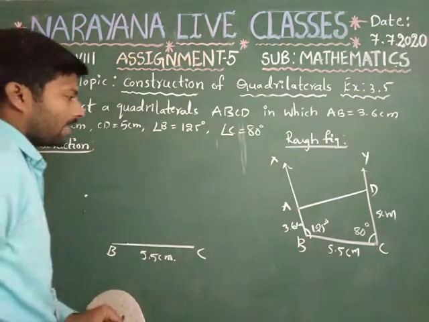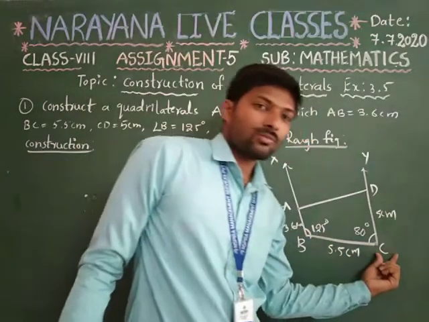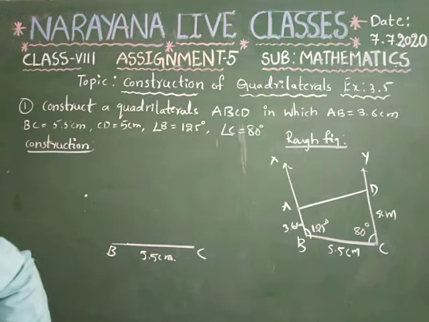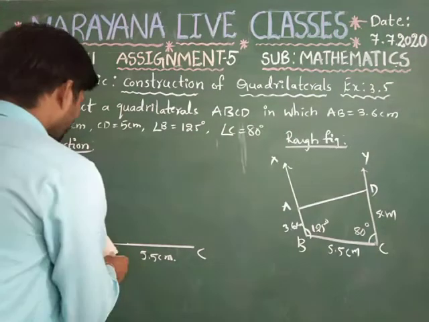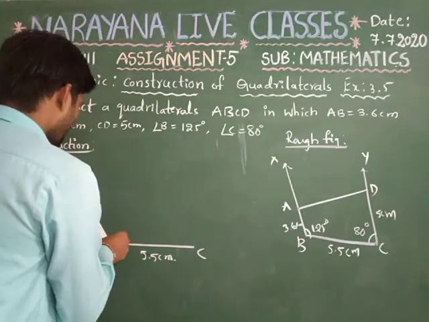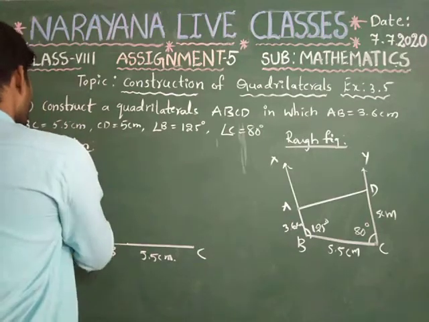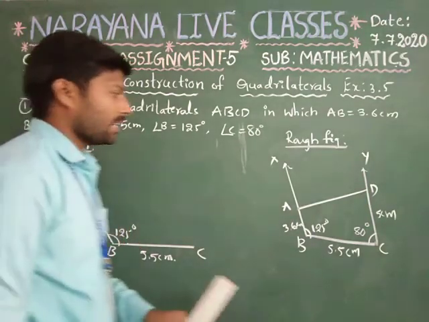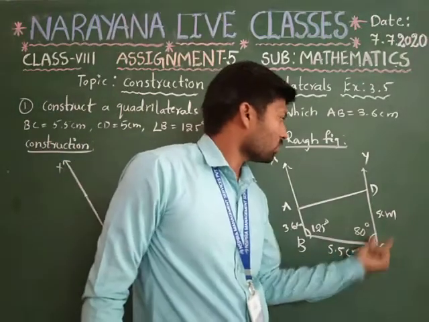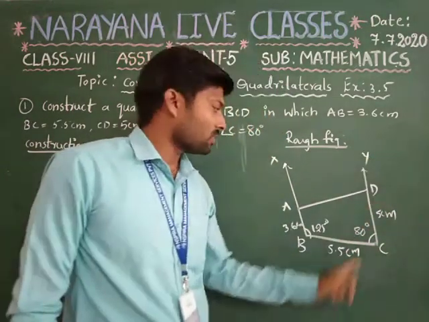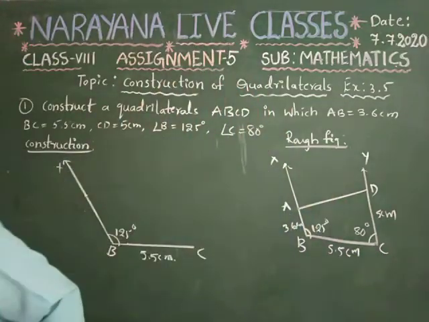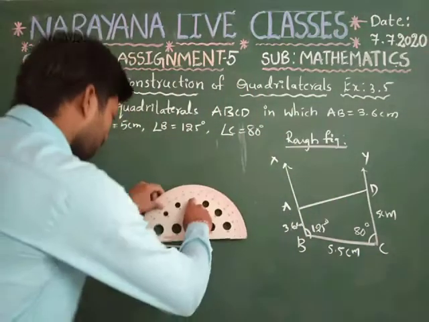First we join these 2 points to form ray BX, which is 125 degrees. Again, from point C we have to draw one more ray, CY, which makes an 80 degrees angle with respect to BC.